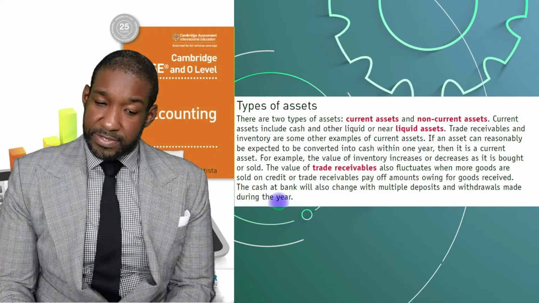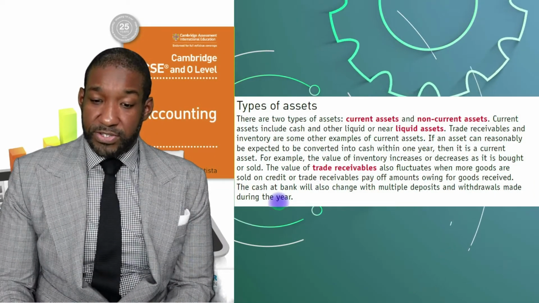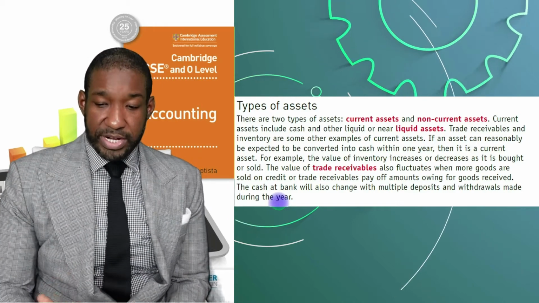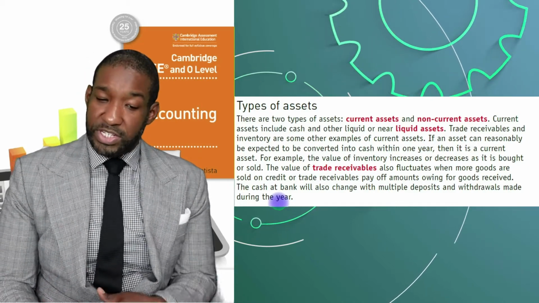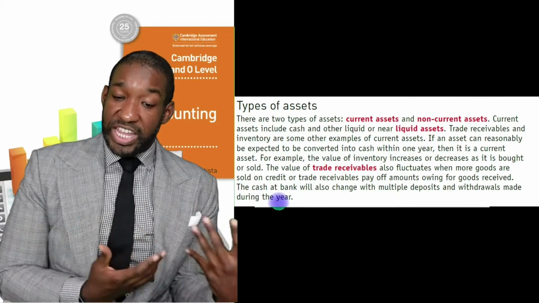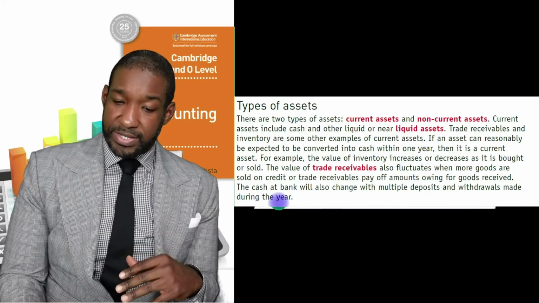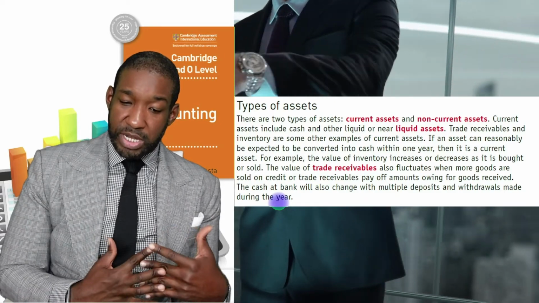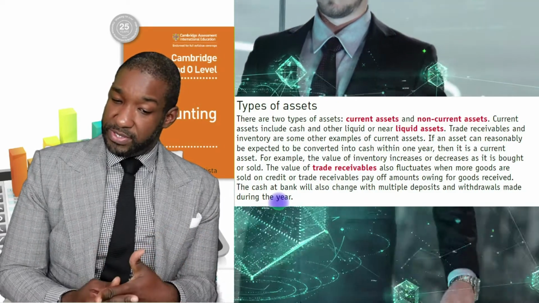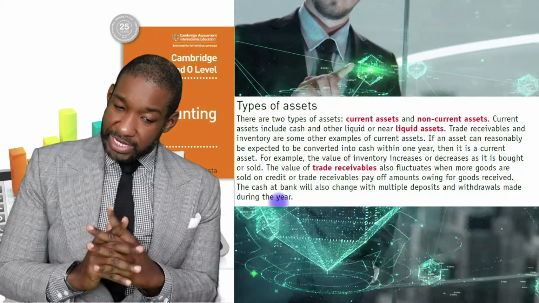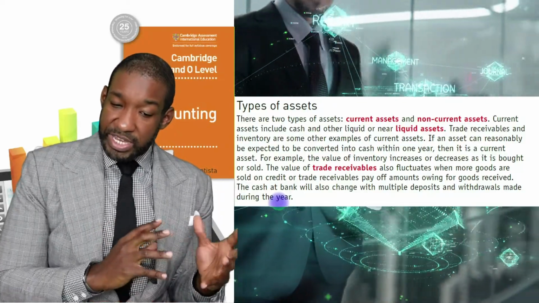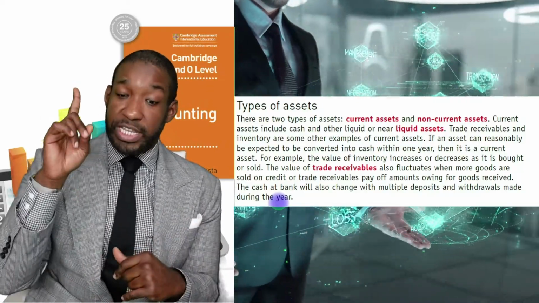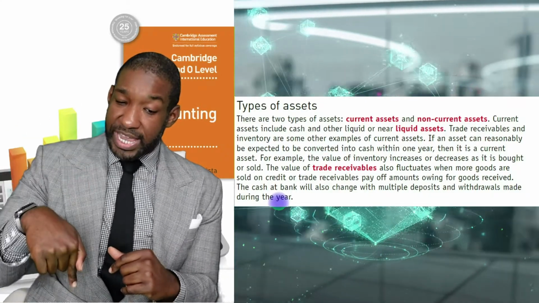Types of assets. There are two types of assets, current assets and non-current assets. Current assets include cash and other liquid or near liquid assets. Trade receivables and inventory are some other examples of current assets. If an asset can reasonably be expected to be converted into cash within 1 year, then it is a current asset.